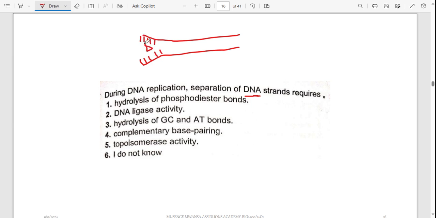What caused this first separation? It is helicase, isn't it? What is helicase doing? Helicase breaks down the bonds between cytosine and guanine and between adenine and thymine. So it is hydrolysis of guanine and cytosine and then adenine and thymine.